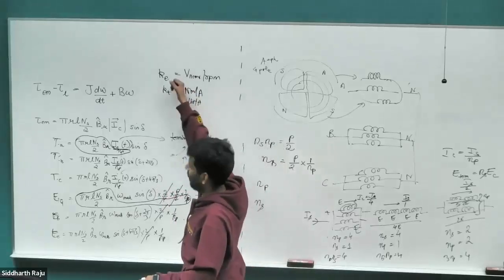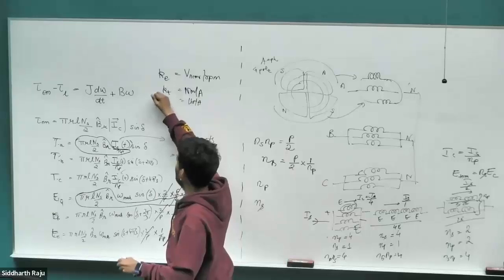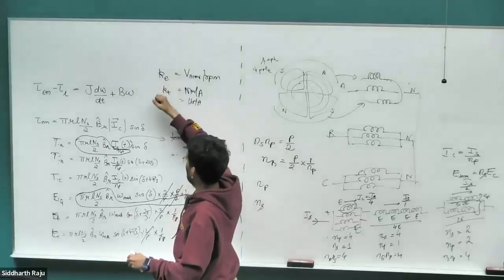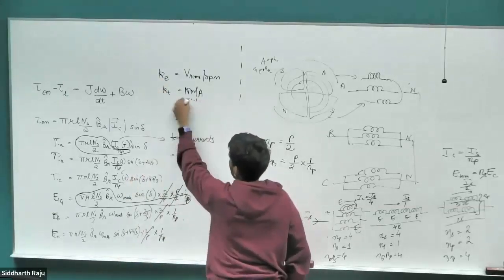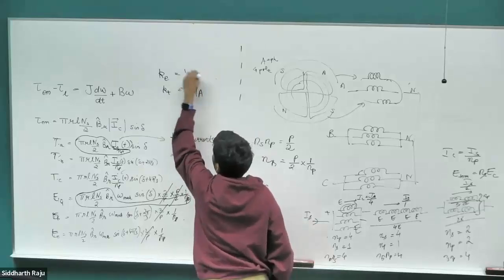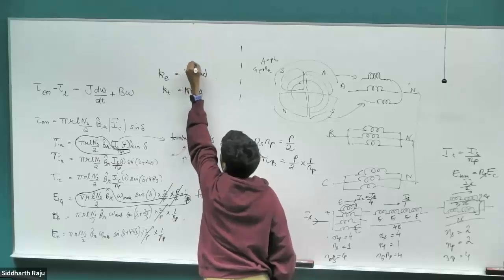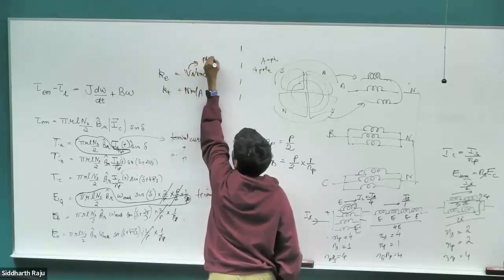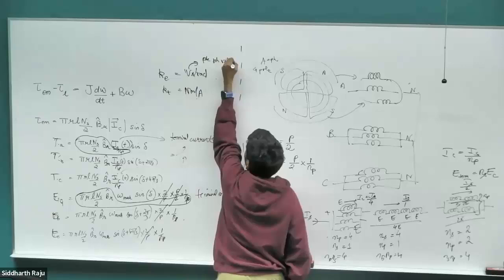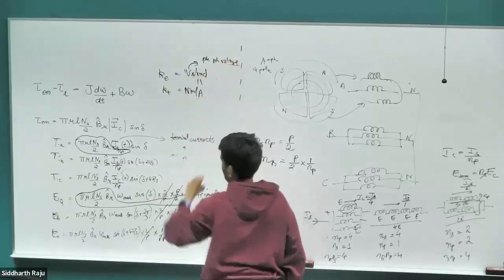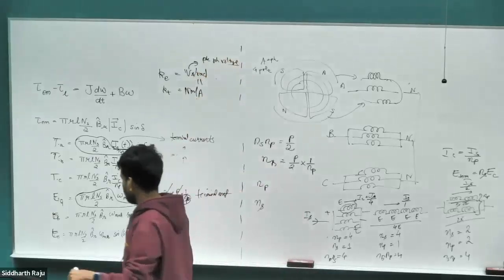Then these two terms will not match up, of course. Otherwise, in data sheets, you will see these two terms different. But if you convert them both into SI units, Newton meter per ampere, and this one volt second per radian, where the voltage is the peak phase voltage, then these two terms will always have to be the same, irrespective of what motor you're talking about.